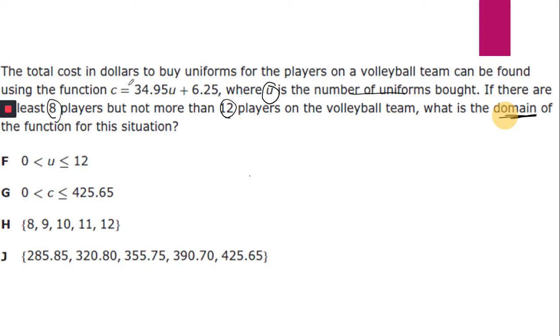So this equation might look really, really weird to you. C equals 34.95U plus 6.25. You're wondering which variable represents domain and which one would represent range. Well, this is in the format of Y equals MX plus B. If you're a 9th grader or above, this formula should look familiar to you.